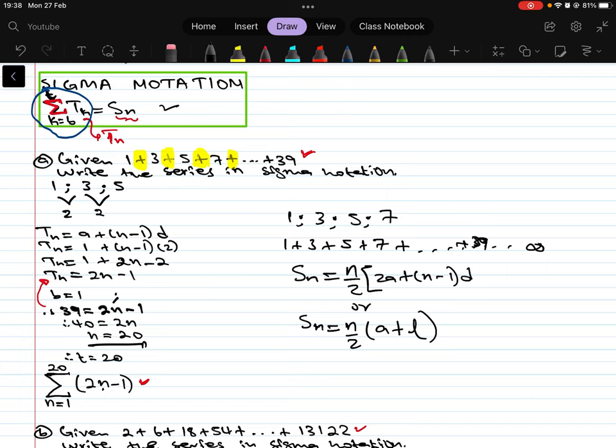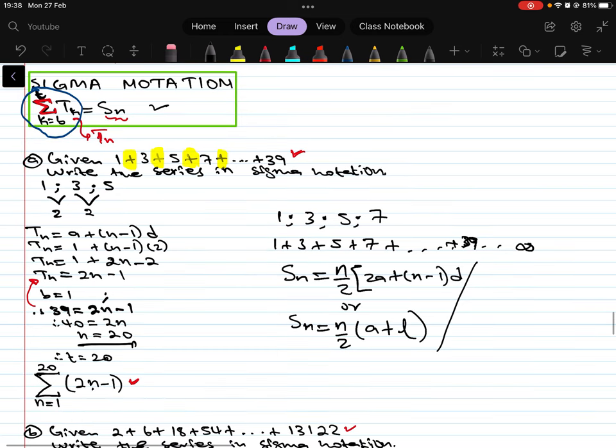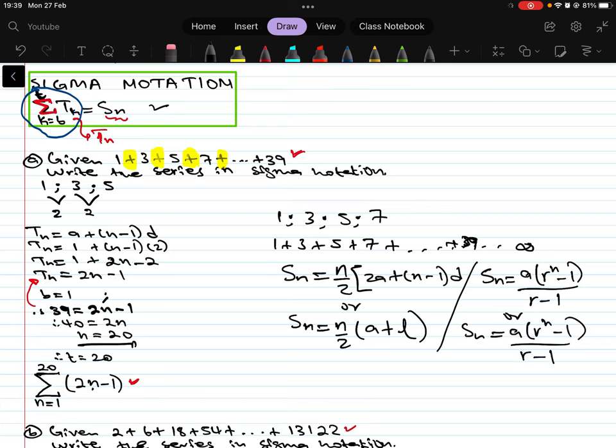I also introduced you to the sum formula for a geometric series, which is Sn equals a into r to the power n minus 1, all over r minus 1.